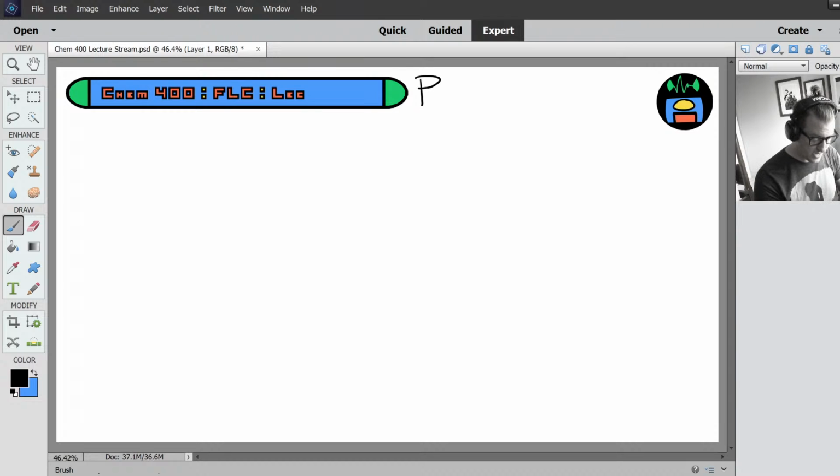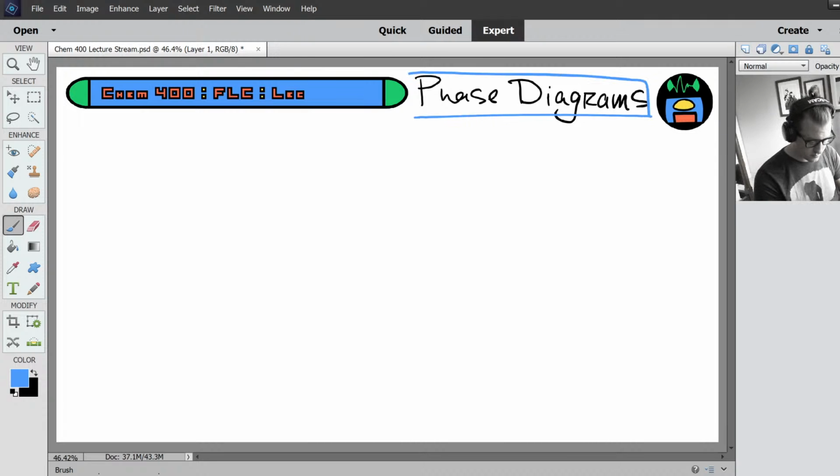So phase diagrams. All right, our final Chapter 11 topic. So a phase diagram is a plot of how the phase of a substance changes as temperature and pressure change.